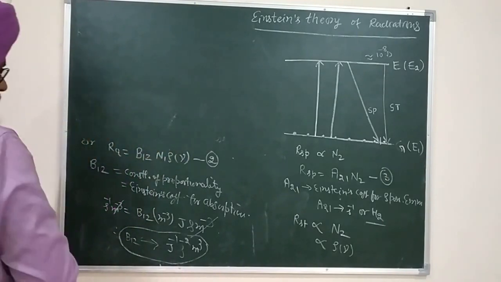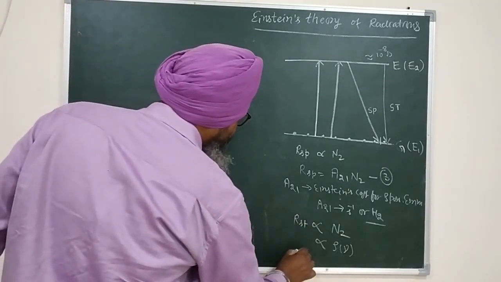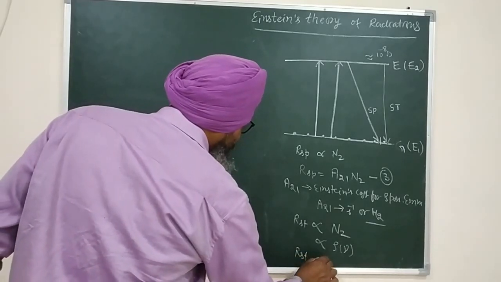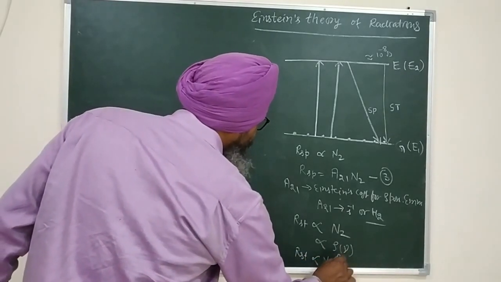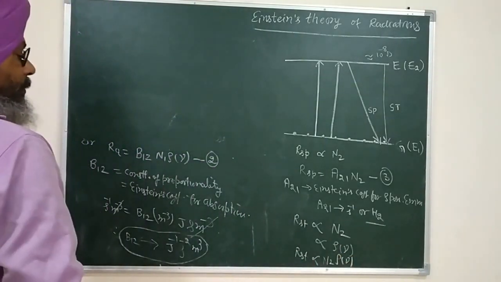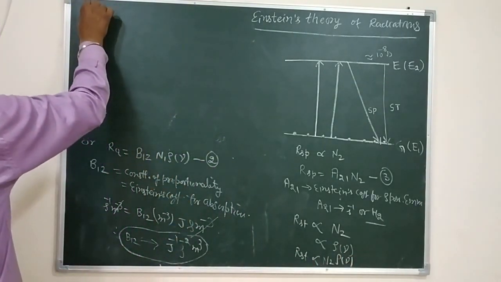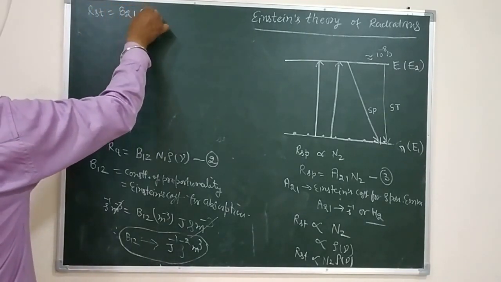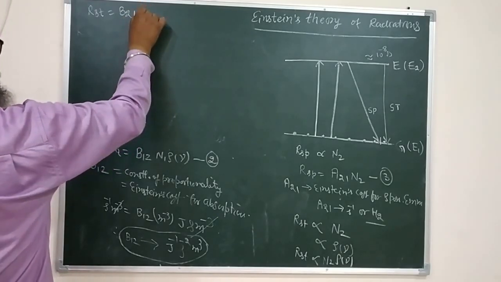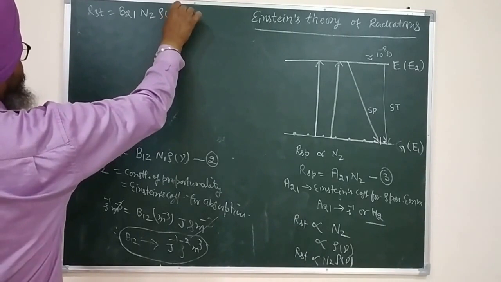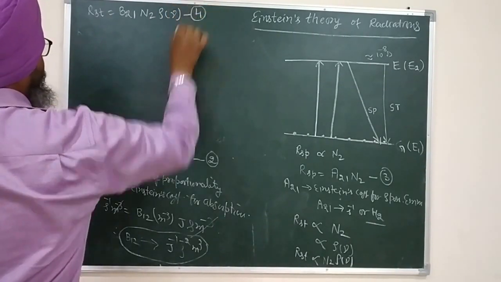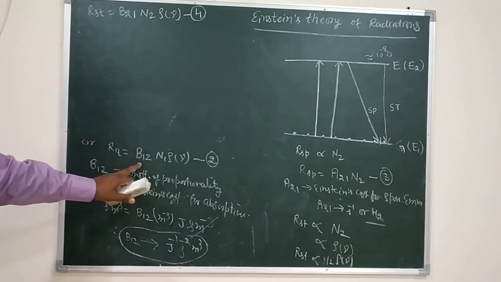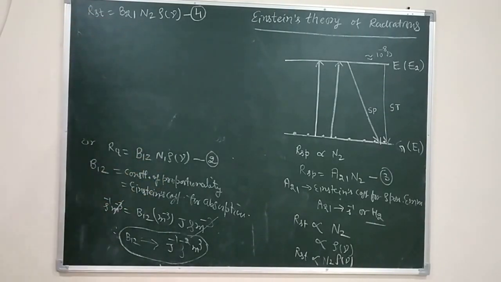Firstly, I would write Rst proportional to N2 rho nu, and when I convert this into an equation, I get Rst is equal to B21 N2 rho nu. This is equation number 4. There I wrote B12, here it is B21. So 1, 2 and 2, 1 tell the difference in the nature of the process.